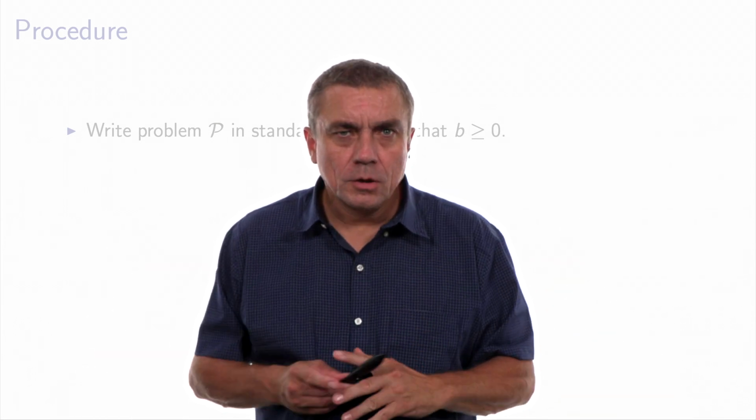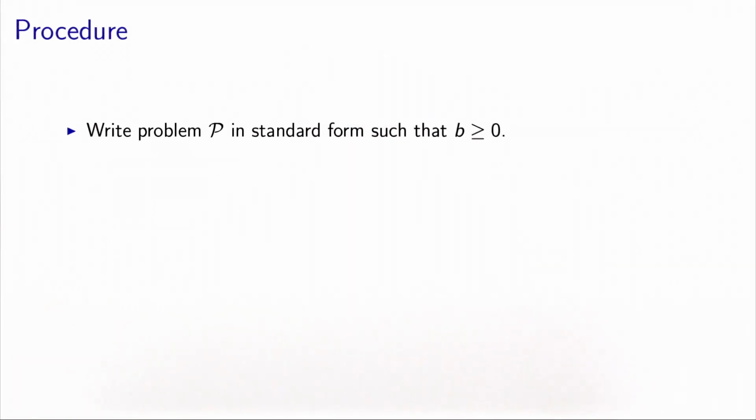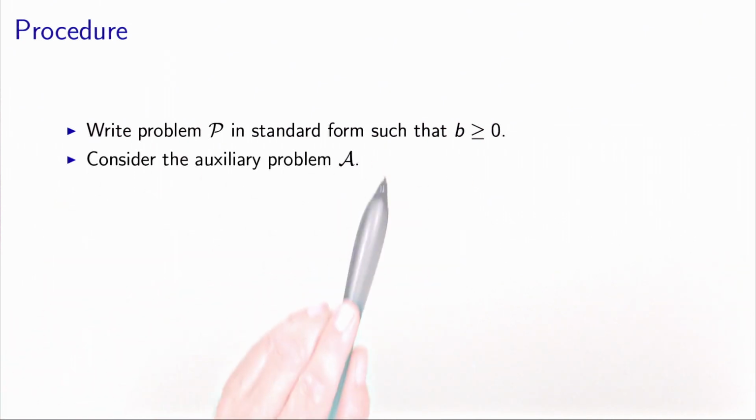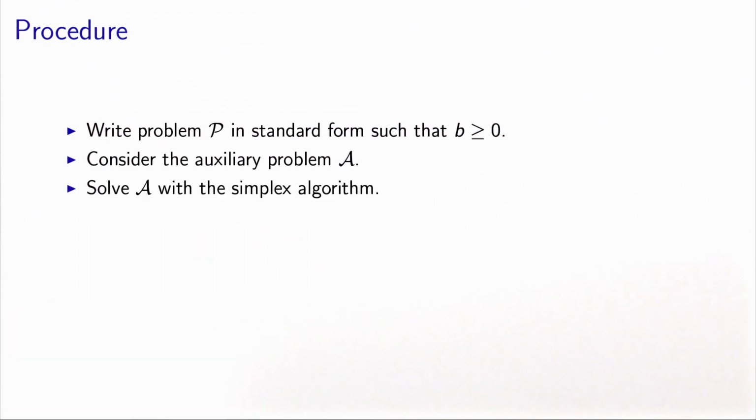Let's summarize the procedure. The first thing you have to do is to write the original problem in standard form in a way that B is non-negative. Then you consider the auxiliary problem by including these auxiliary variables, one per constraint. And you can solve this auxiliary problem using the simplex algorithm because it's easy to find an initial tableau.